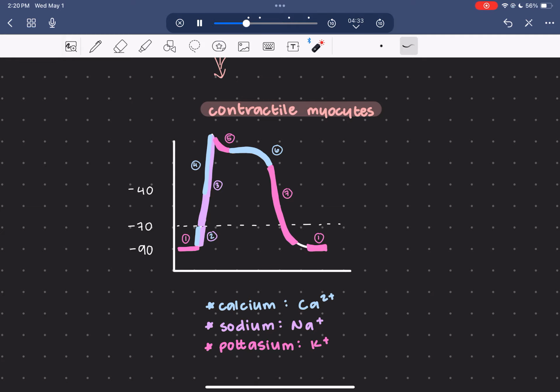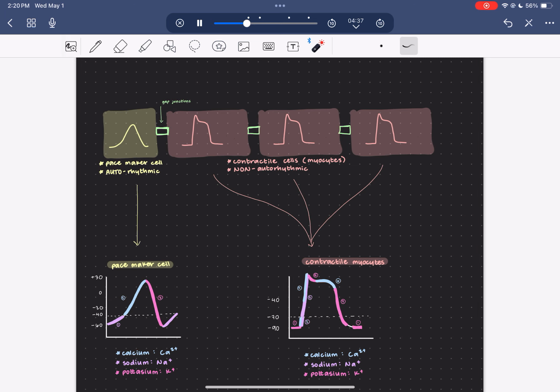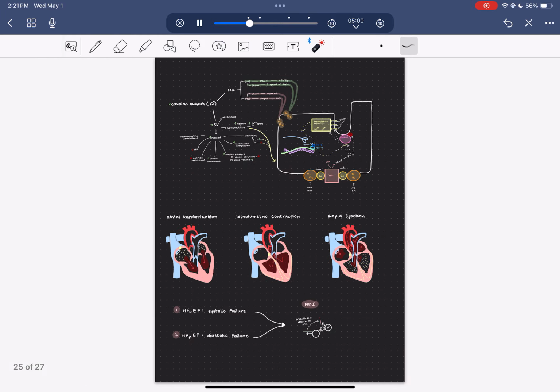So these are our two different depolarizations that we have going on within the heart, based off of where they are within the heart. So pacemaker cell, it's going to be primarily by the SA node, and then the rest of these myocyte or contractile cells are going to be throughout the rest of the heart, causing that up-down and then down-up contraction to occur.